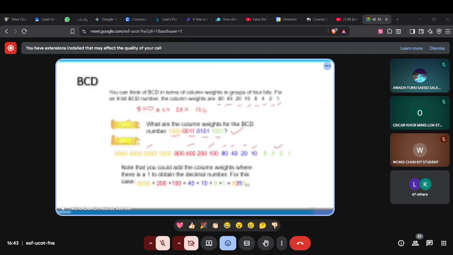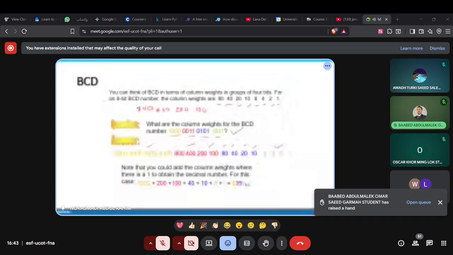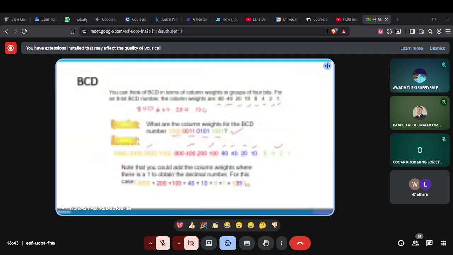Actually then you can add... Who is that? Any questions? Excuse me, doctor. The screen doesn't show up. Sorry, what is the problem with the resolution?